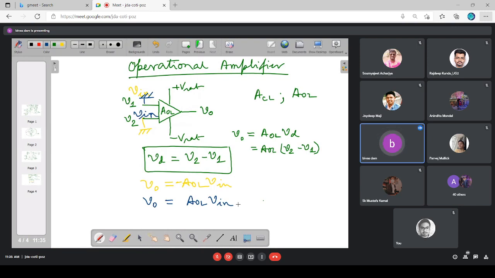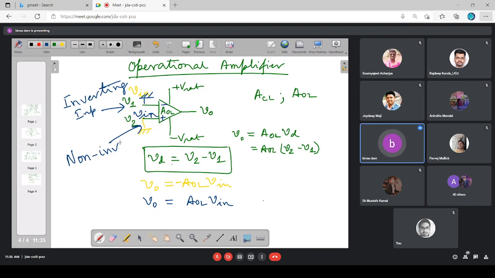So from now onwards, these two terminals, this is minus, this is plus, we shall never term them as minus terminal, plus terminal. We shall always term this as the inverting input terminal, and this as the non-inverting input terminal.